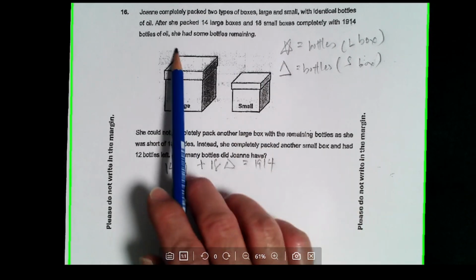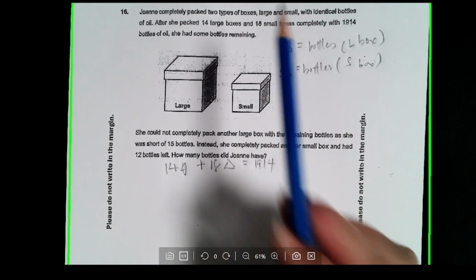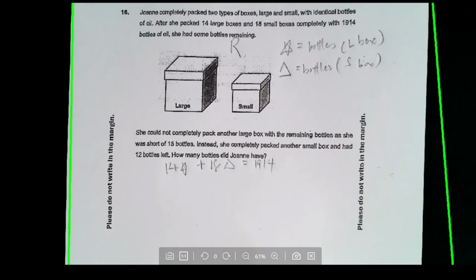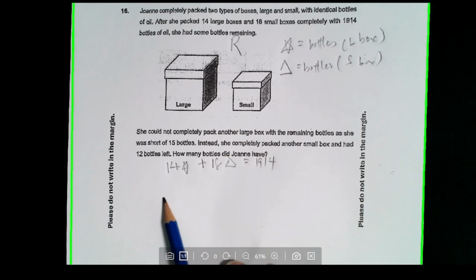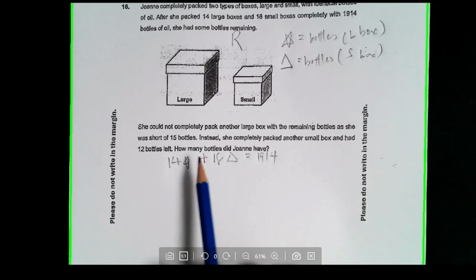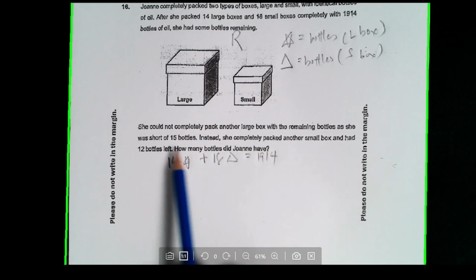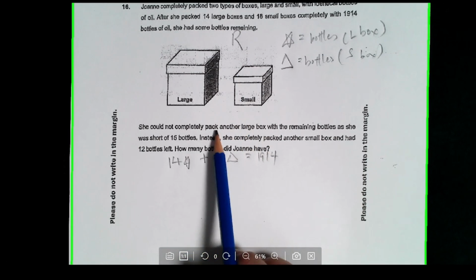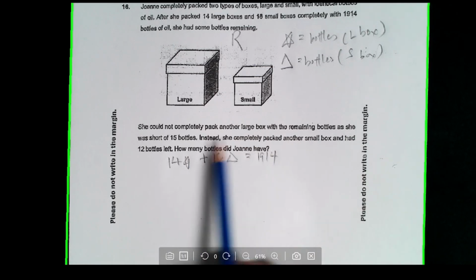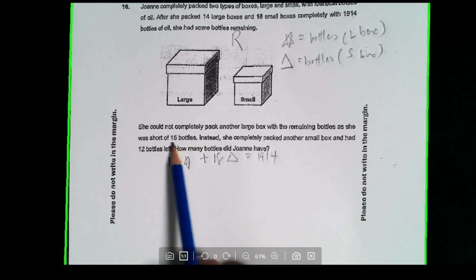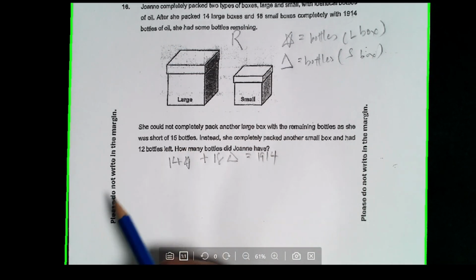After that, she had some bottles remaining. Oh, she had a remainder. Okay? Now, the remainder, she could not use the remainder to pack another box fully because she needs another 15 bottles. So, what do we know?